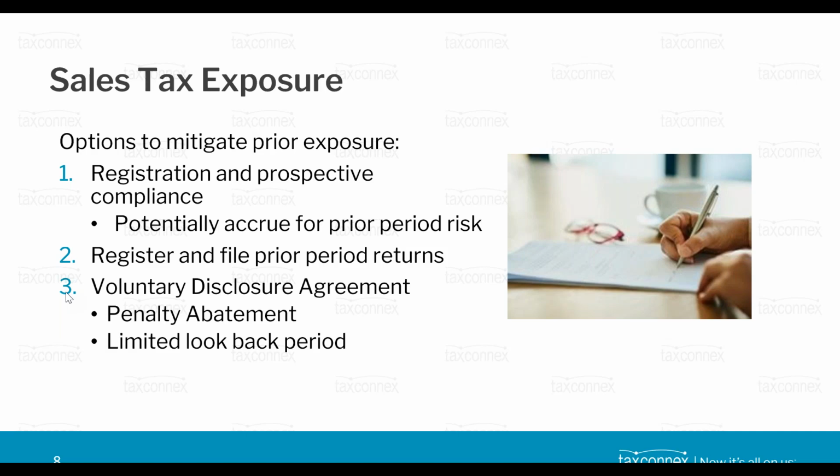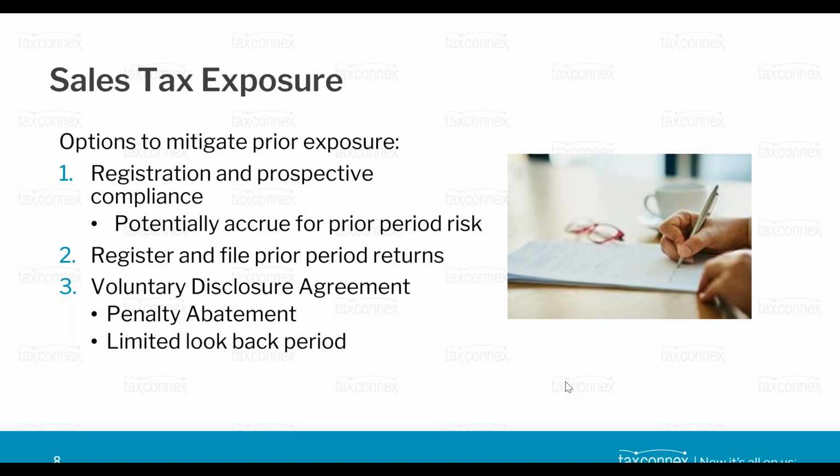What that means is at the time you register, you tell the state that you had an obligation to comply at whatever date or point in time when you triggered Nexus and had taxability. So that might be December 1st of 2022. And what the state will do in reaction to that is simply give you notice that you have a filing obligation, probably a monthly filing obligation, beginning with December, January, February, March, April, all the way through to current.